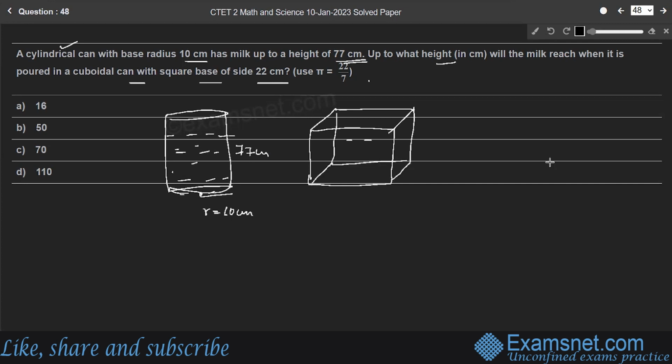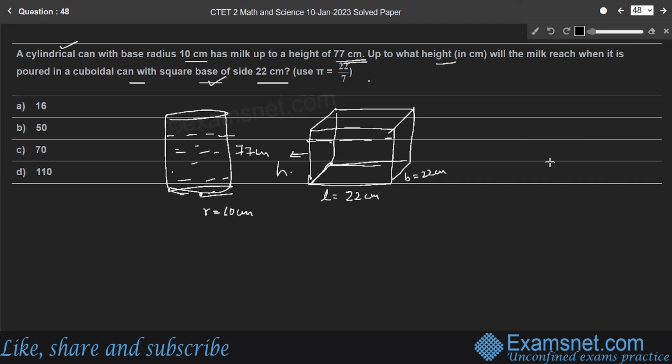So the height H of the cuboid should be calculated with the square base of side 22 centimeters. So the base of the can is in the shape of a square and its side is 22 centimeter. So if the length of the base is 22 centimeter, its breadth is also 22 centimeter, because the base is in square shape, right? We have to find the height of the cuboid.